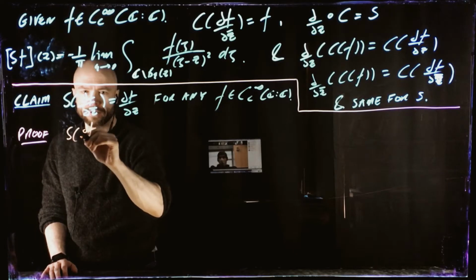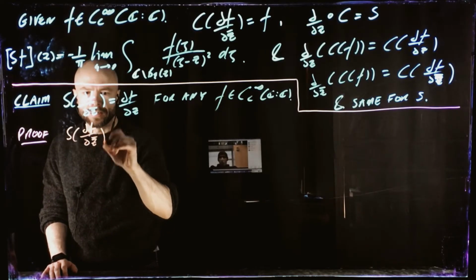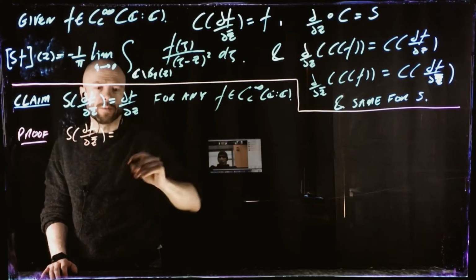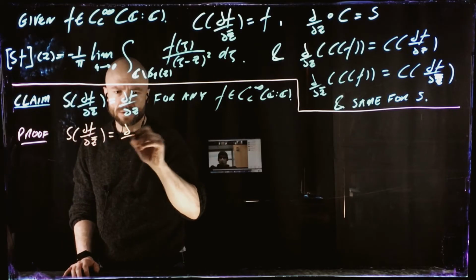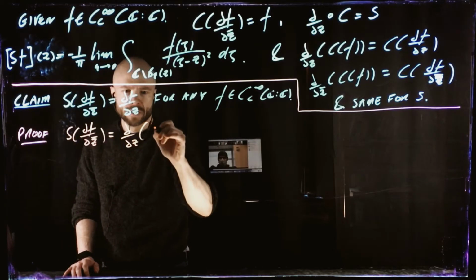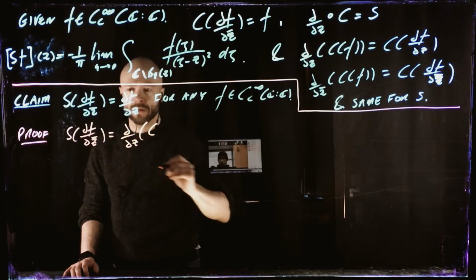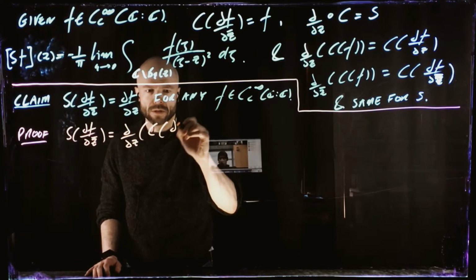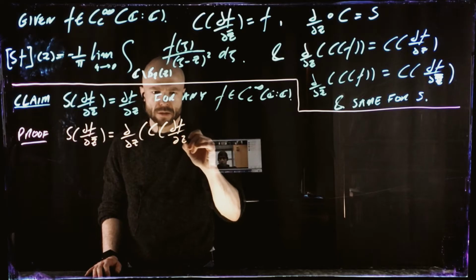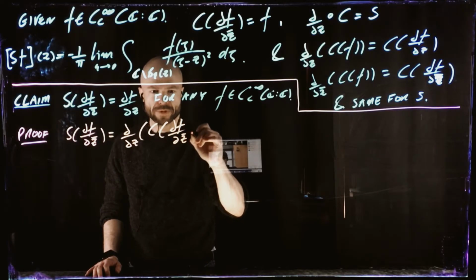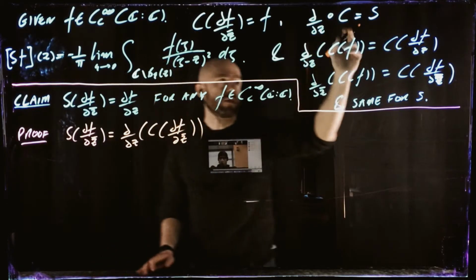S of df by dz bar, by this identity up here, that's the same as d by dz of C of df by dz bar, right? Just using this identity here.